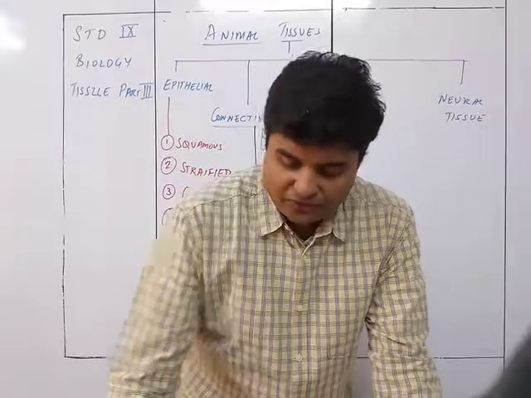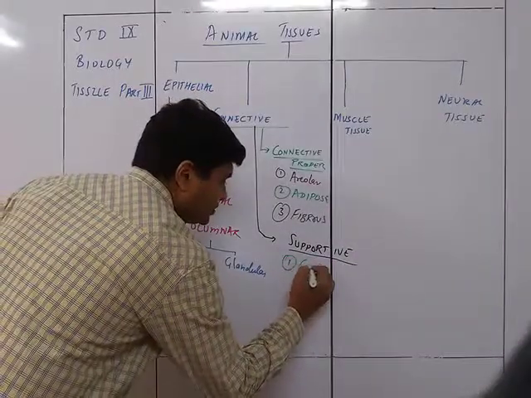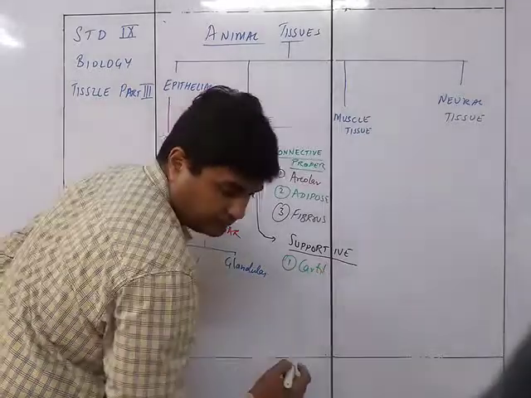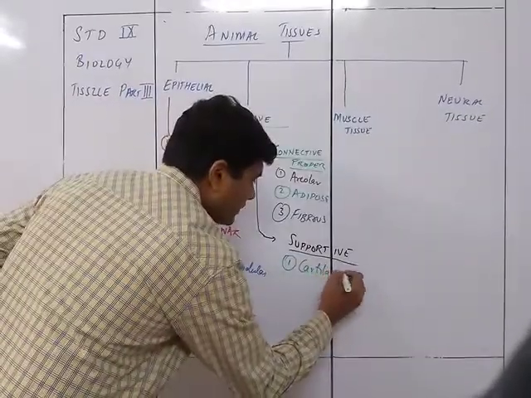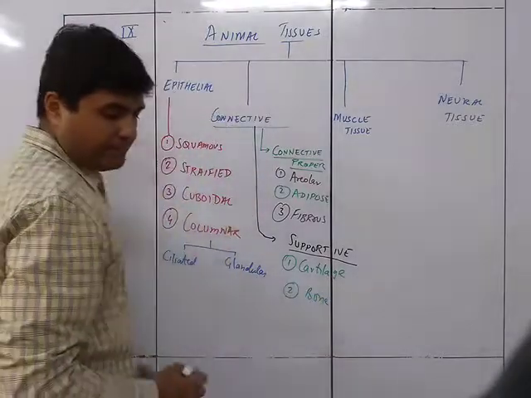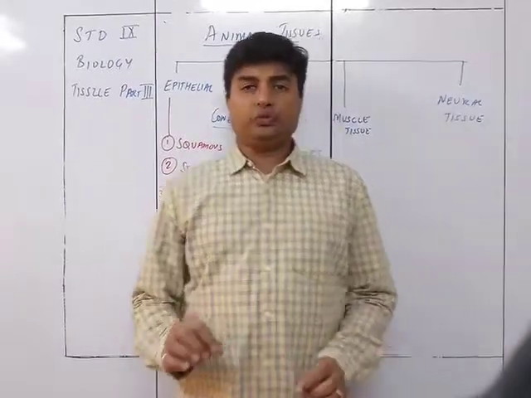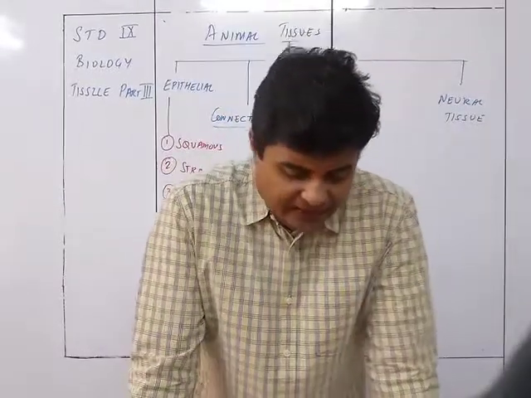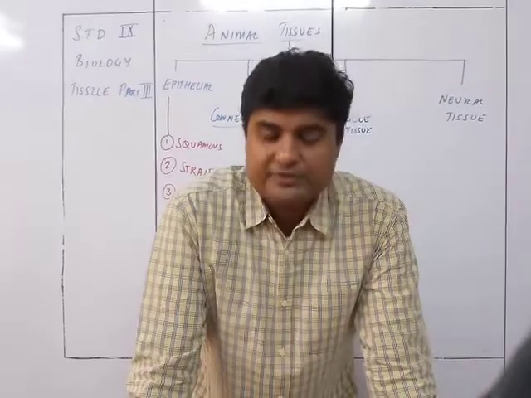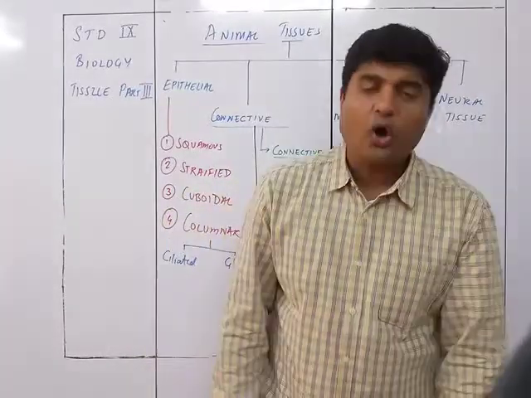There are two kinds of supportive connective tissues. The first one is cartilage, and the second one is bone. Cartilage is a non-porous tissue. It has a thickened intercellular substance, the matrix. It has no blood vessels or nerves.